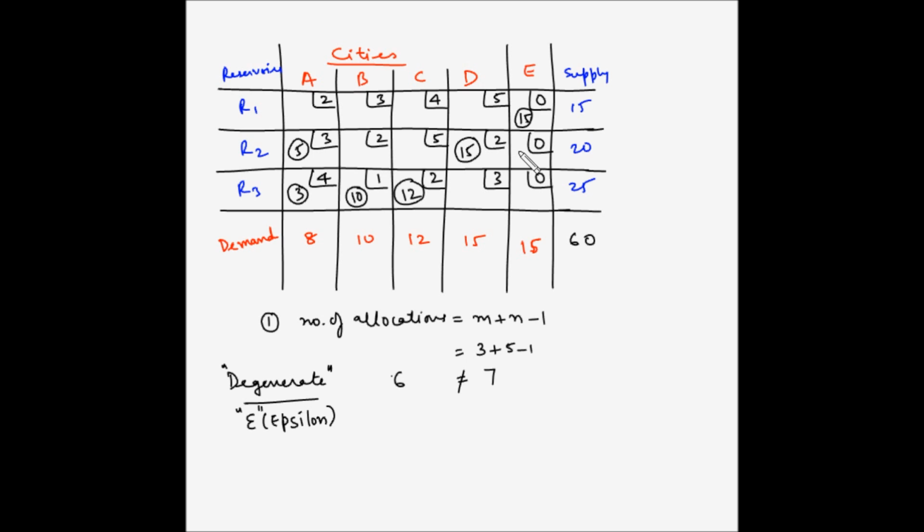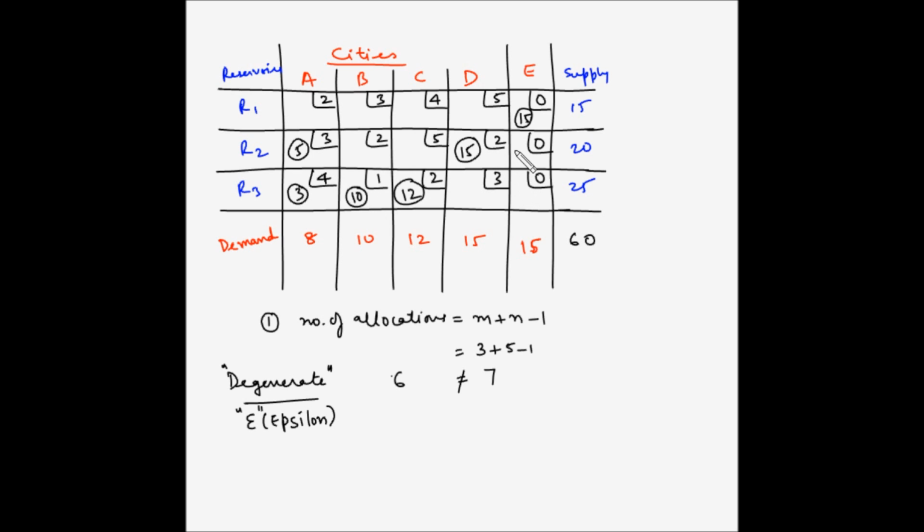So let's first try the squares which have the minimum transportation cost, which is R2E and R3E. Let's see if these are in independent positions. So from R2E, I don't think we can create a closed path. So this is an independent position. And R3E is also in an independent position, as we cannot create a closed path.